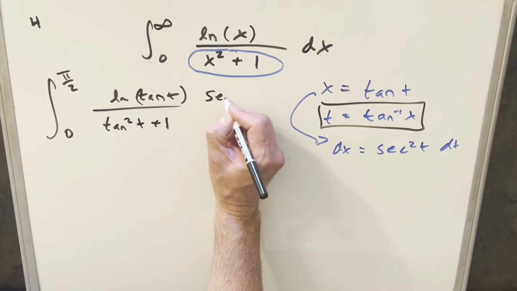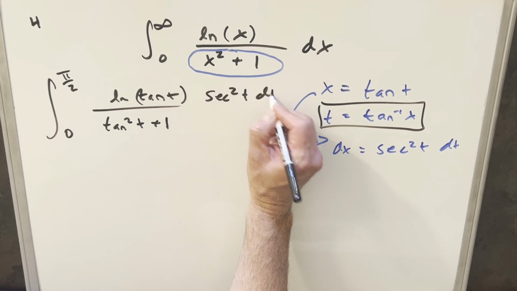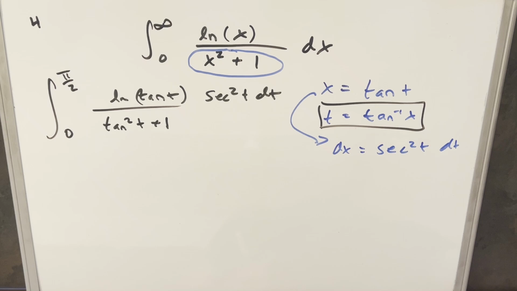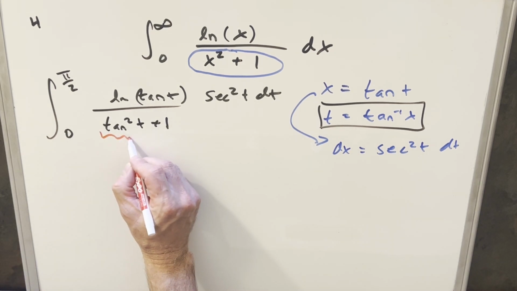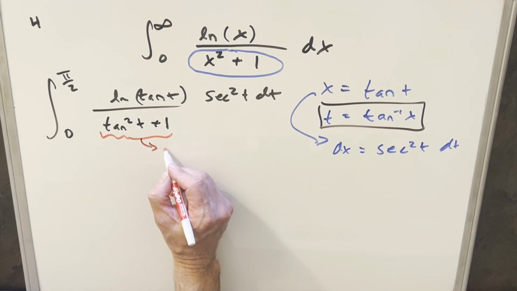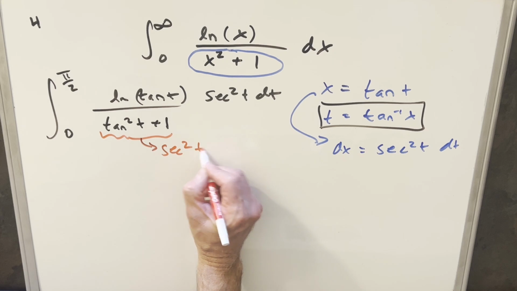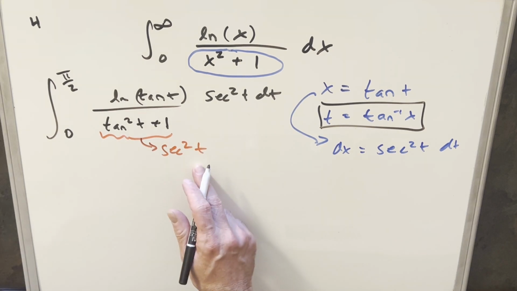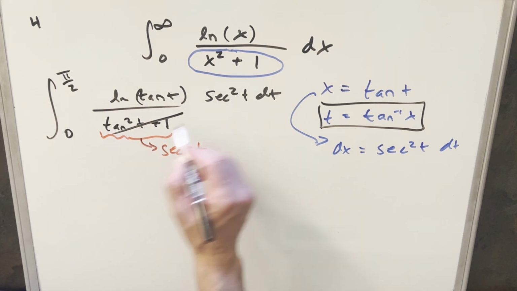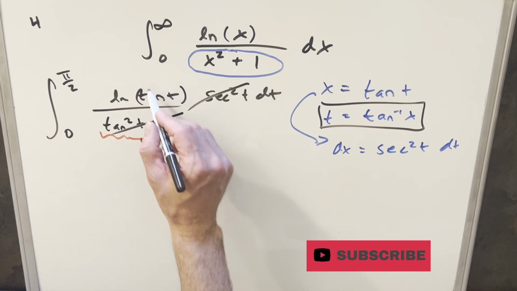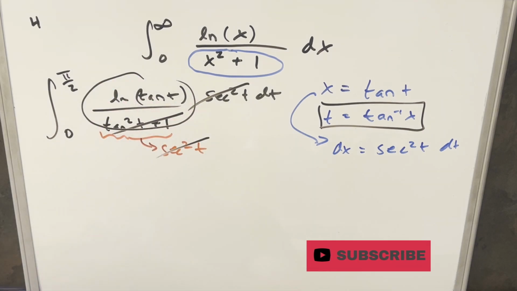You might see where it's going, because in the denominator we've got a nice identity: this is the same thing as secant squared t. So we get some cancellation, this cancels with this, and we've got a simpler problem, just natural log tan t.